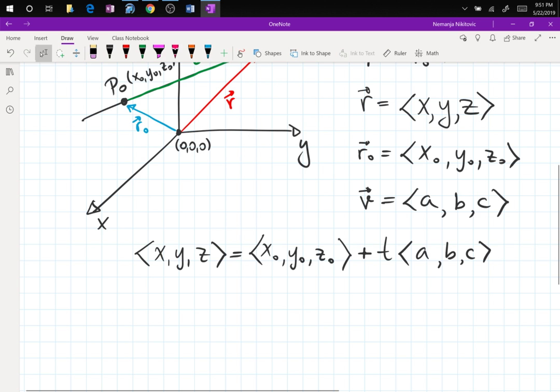And that is already the equation of the line.